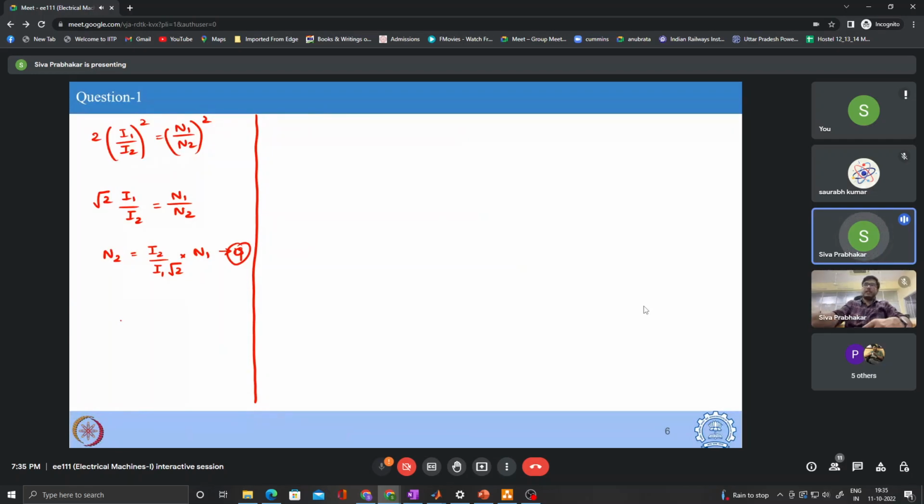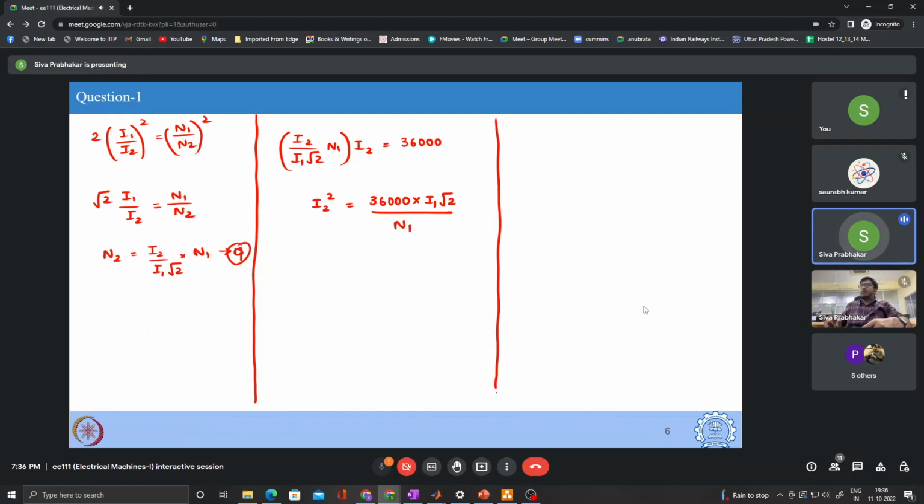So substituting 9 in 8, I can write I2 by I1 into root 2 into N1 into I2 equal to 36,000. So from this I2 square equal to 36,000 into I1 into root 2 by N1.